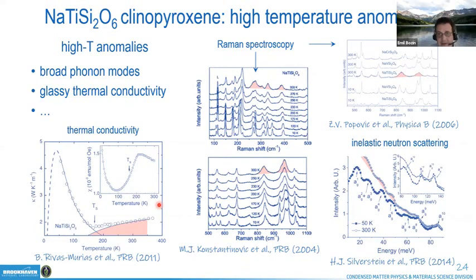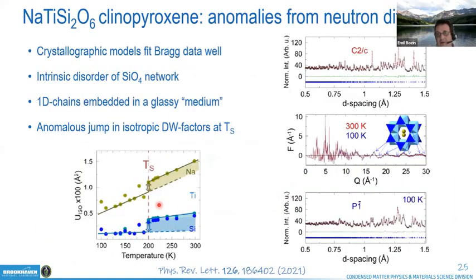We have done neutron powder measurements, and I'm showing you this for one of our samples. The crystallographic models appear to fit the Bragg data well, as you can see here on top and bottom. There also appears to be an intrinsic disorder in this system that is associated with this silica-like network, shown here as blue tetrahedral units.